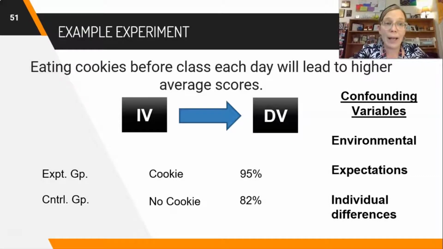Maybe if I had the experimental group take the test in my classroom, but then the control group took the test in the library. Those are two different places. Maybe the experimental group could focus better because it's a smaller room, less going on, so their score was higher, maybe because of the environment, not because of the cookie.